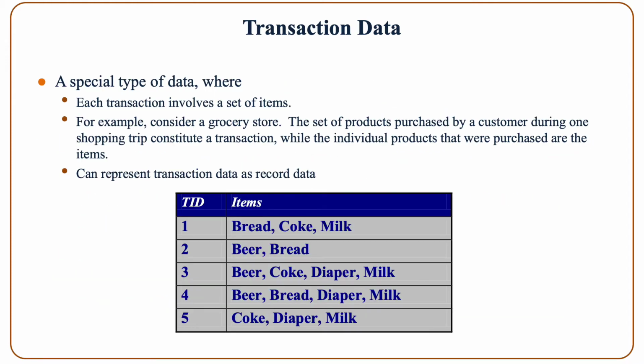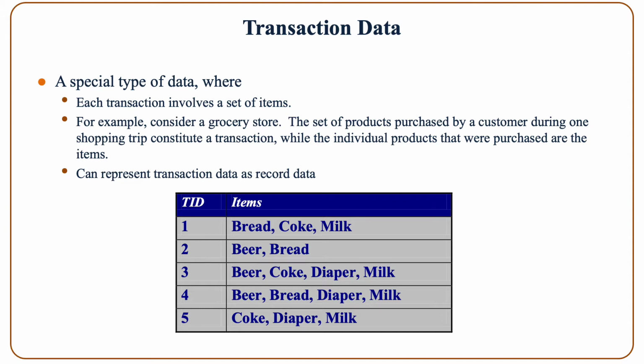The last data type in the record data group is transaction data. This is a special type of data in which each transaction involves a set of items. So considering transactions at a grocery store, there could be multiple transactions.